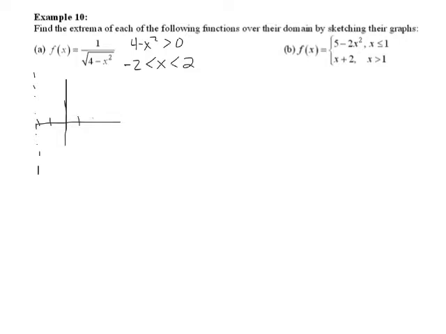If I plugged in f of 0, I would find that I get 1/2. And playing around with a bit more or turning to my calculator, I could sketch the graph based off of that information. And that's what that curve looks like.